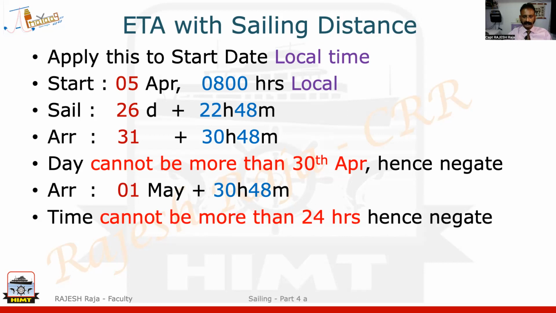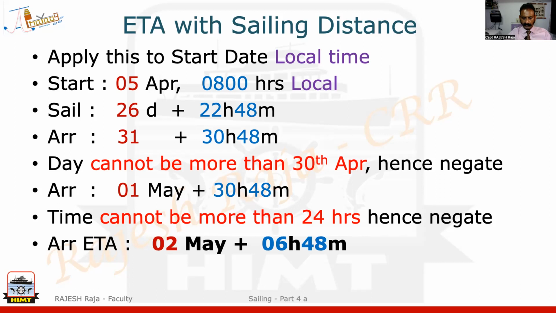But again, time cannot be more than 24 hours, so I'm going to negate 24, and that 24 should be pushed onto an extra date. When I take off 24 from the time, I should add 1 day. So my ETA comes as 2nd May 0648. Okay, this is a simple ETA calculation based on only the sailing distance.